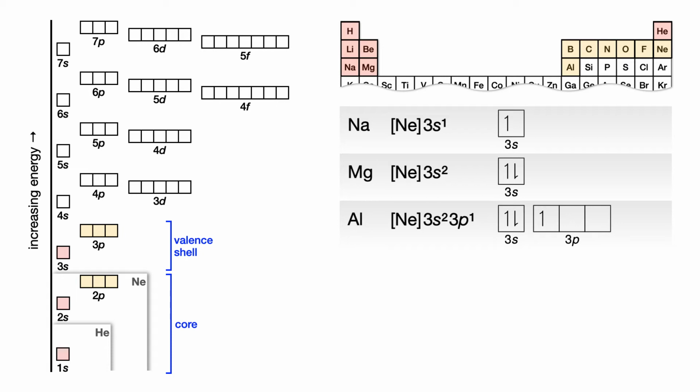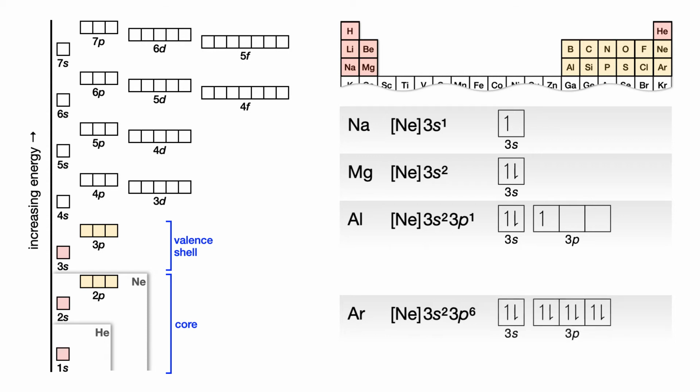And then the next five elements will put their valence electrons into the p sublevel, so that by the time you get to argon, the configuration is neon core 3s2 3p6. So argon closes off the third energy level, so let's go ahead and put that in. You may be starting to see why the periodic table is organized the way it is, why it has this funny looking shape.